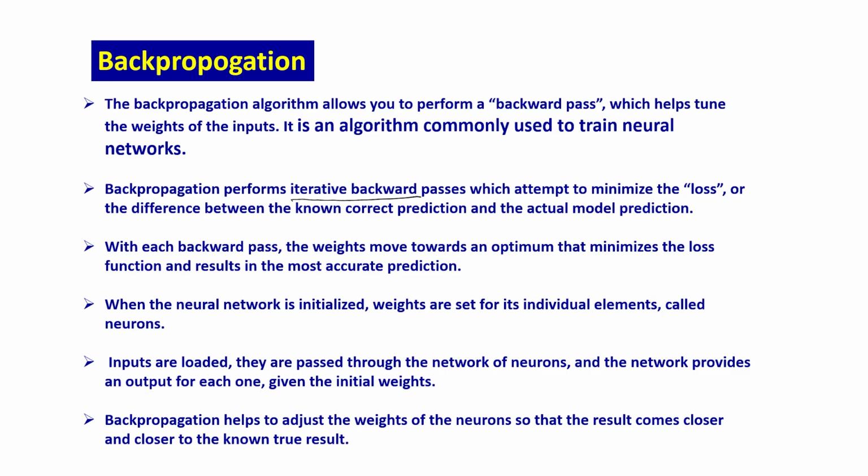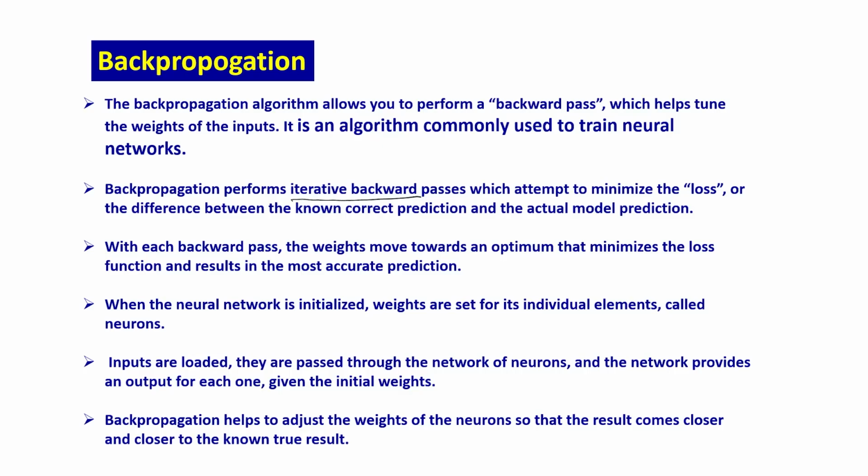That is the idea. Each time you do a backward pass, what you are doing is changing the weights, and this is done by simply taking the first derivative of the transfer functions. Okay. You know that when you calculate minimization of the transfer functions, you always take the first derivative, right, or maximization. So, when the neural network is initialized, weights are set for the individual elements, and then inputs are loaded, multiplied, added, everything.